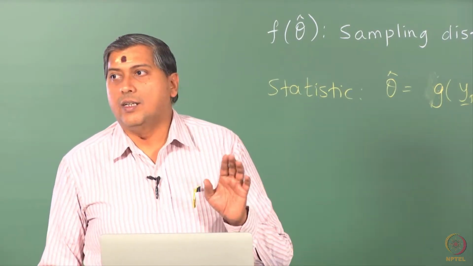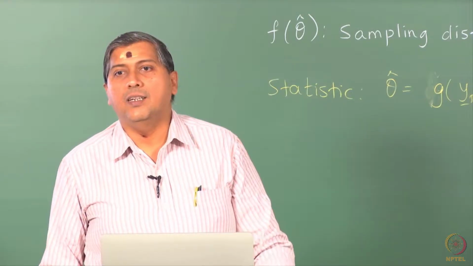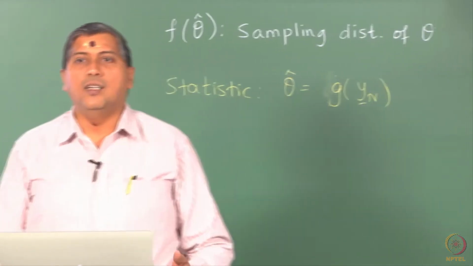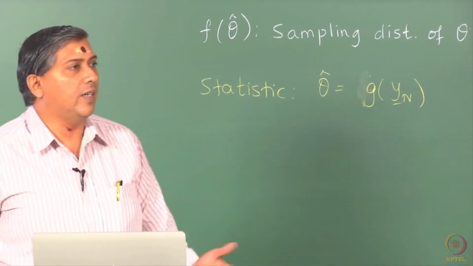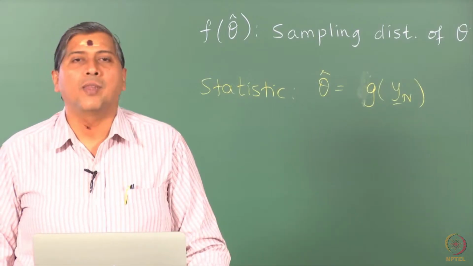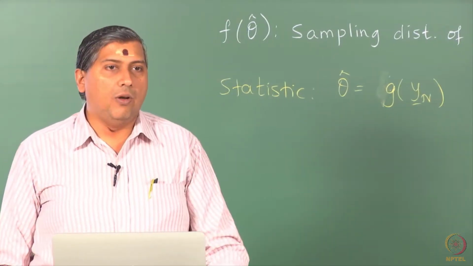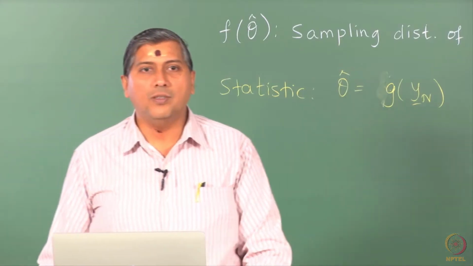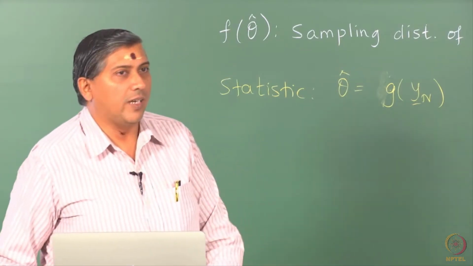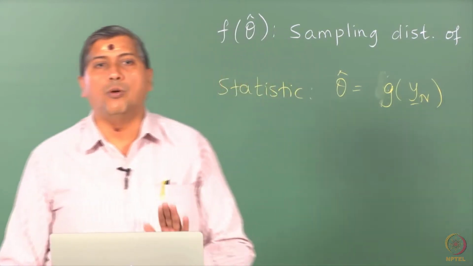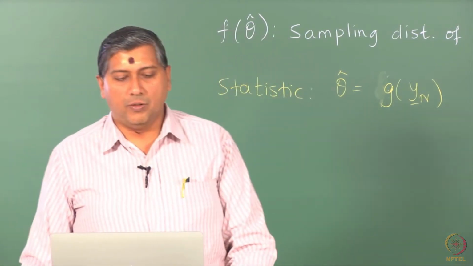So, there is a clear-cut objective in constructing this function g when it comes to estimation, whereas in constructing a statistic it could be any function. Obviously, you will not construct just any function, but you should remember you will run into these kinds of questions frequently asked on forums as to what is the difference between a statistic and an estimator. That is the prime difference, otherwise both are functions of the observations.